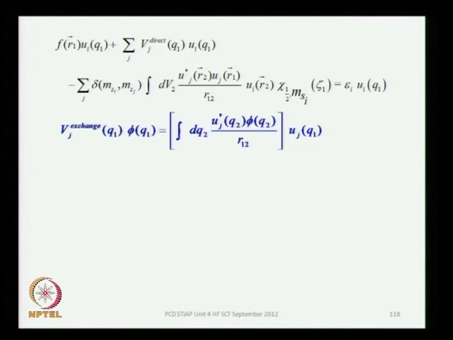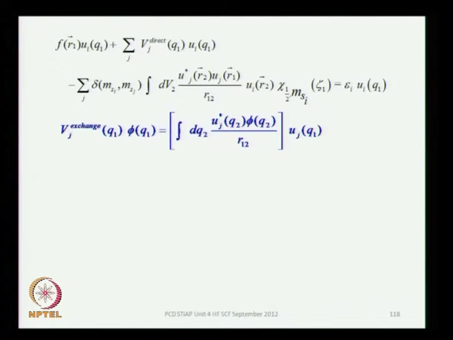and now let us define an operator which is called the exchange operator. It is defined by this relation here. It is defined in such a way that whenever it operates on an arbitrary function of q1, it will generate this quantity on the right hand side. That is the definition of the exchange operator. Okay.